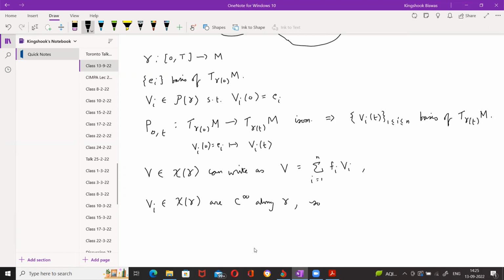That means that if I take any V_i, this is going to be a linear combination of the del x_j's, where x_1, ..., x_n is a chart near a part of gamma.